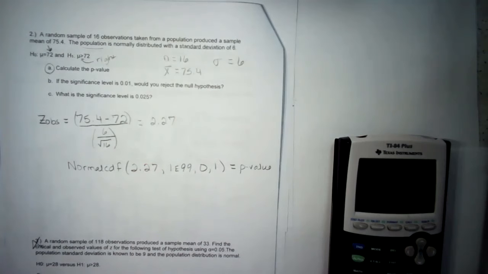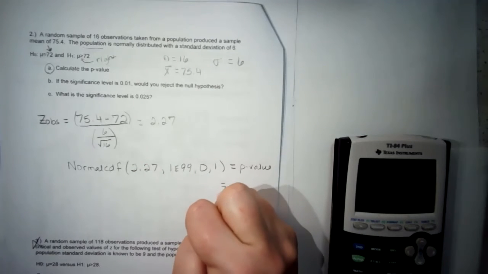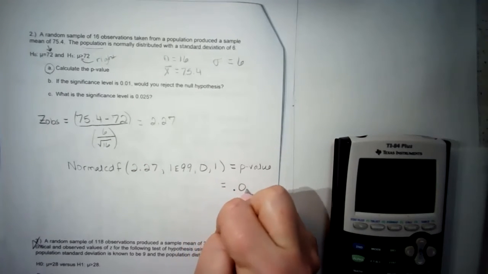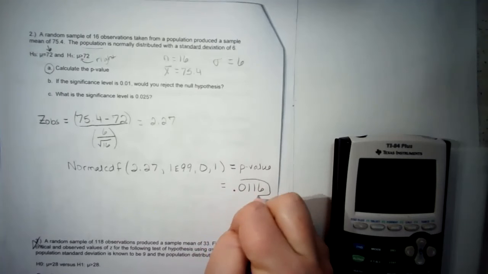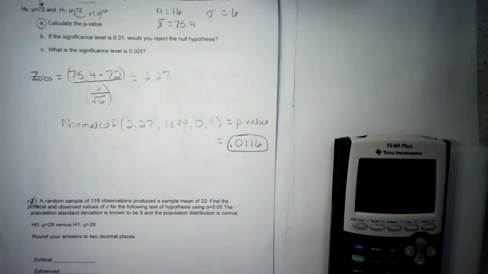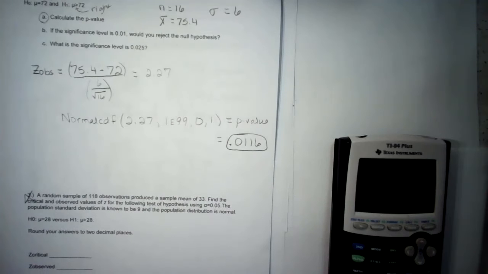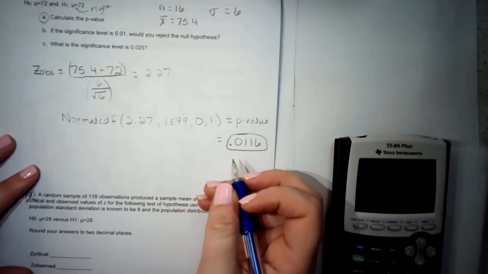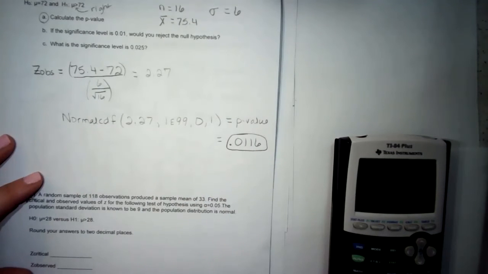All right. So if I put that in my calculator, I came up with 0.0116 as my p-value. Okay, you can kind of see that you can't do chapter 9 until you've done chapter 6 and 7 and 8. Like it just totally builds, right? You have to have all these different skills. All right, so that's the answer to A.